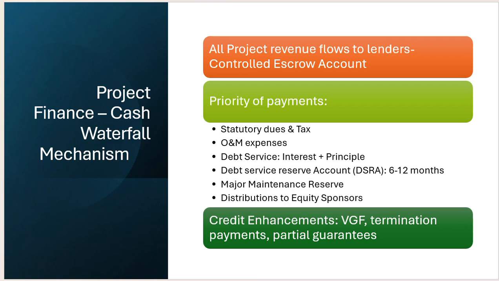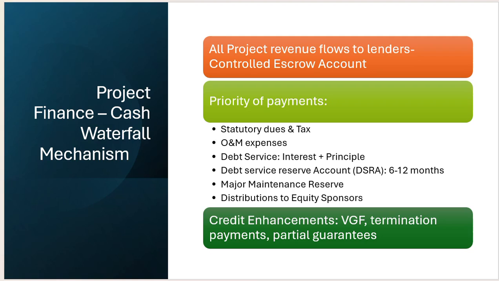And then the debt service reserve account: if any amount is needed, it will be taken from the DSRA, the debt service reserve account, where 6 months or 12 months, whatever the agreement defines, of principal and interest amount is stored, so that payment can happen. Then the major maintenance reserve: any maintenance or cost that occurs, that payment will happen.